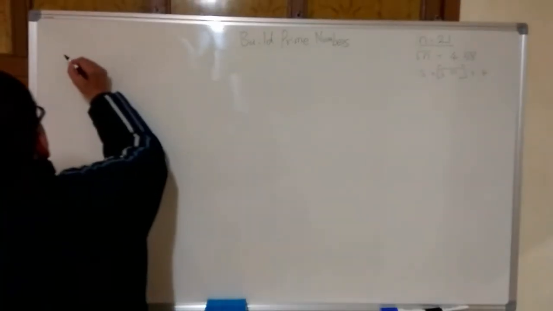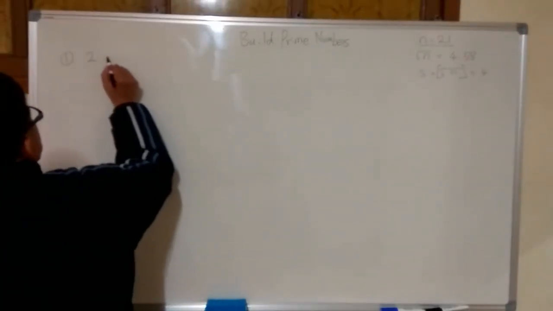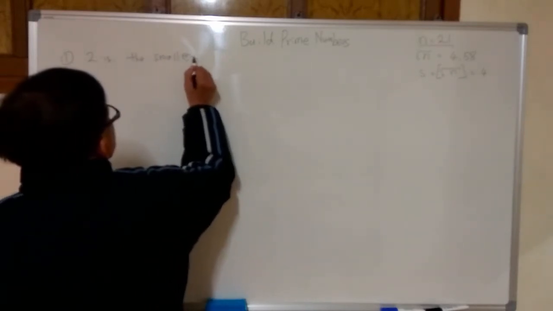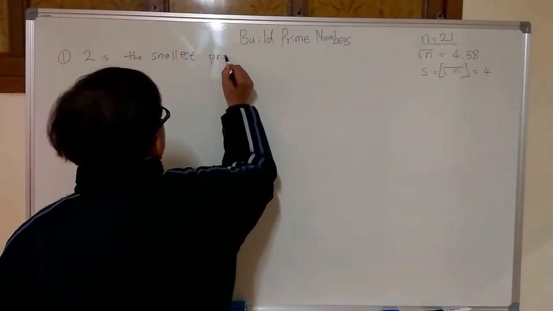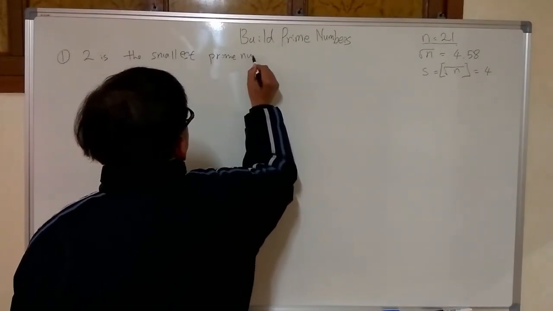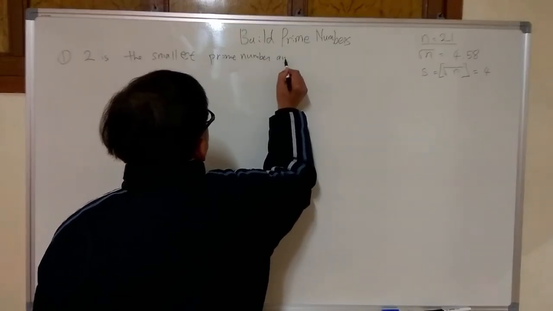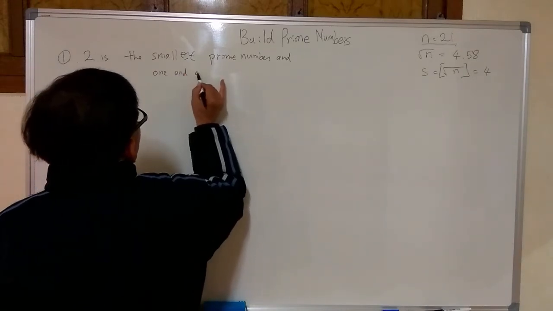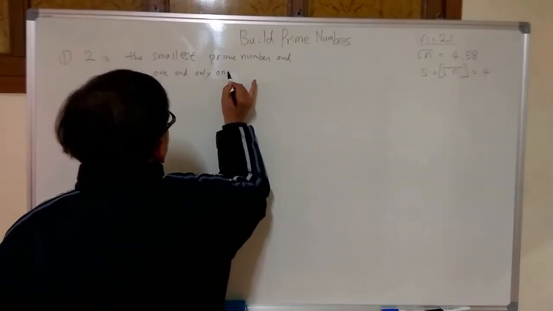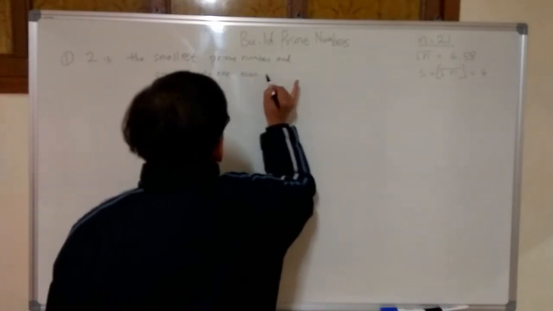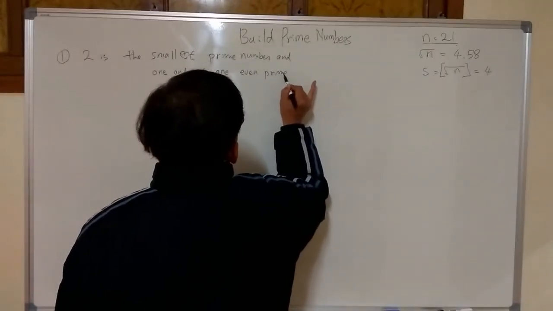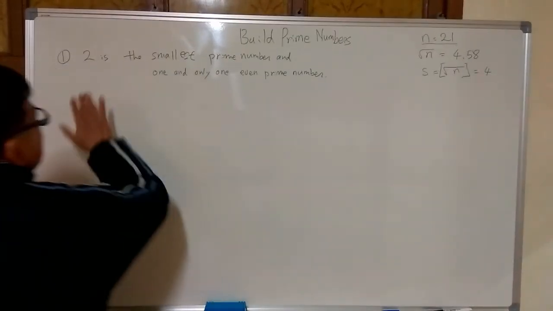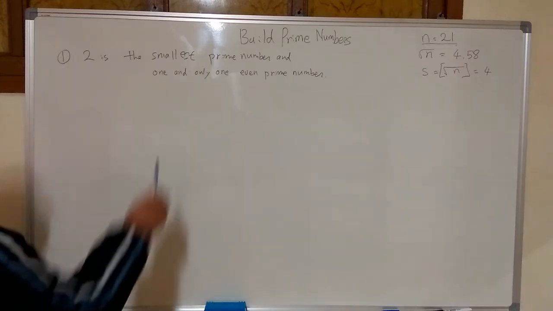Okay. First, 2 is the smallest prime number, and 2 is one and only one even prime number. What it means, 2 is the smallest prime number and one and only one even prime number.